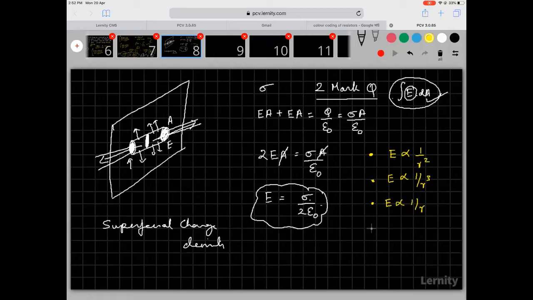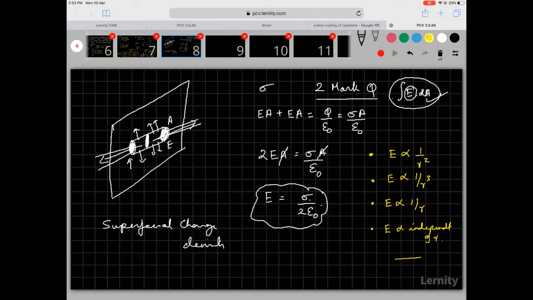Then now you are having a plane where the electric field is independent of r. Next, I will show you a place where it is proportional to r. So let's go to the next situation.